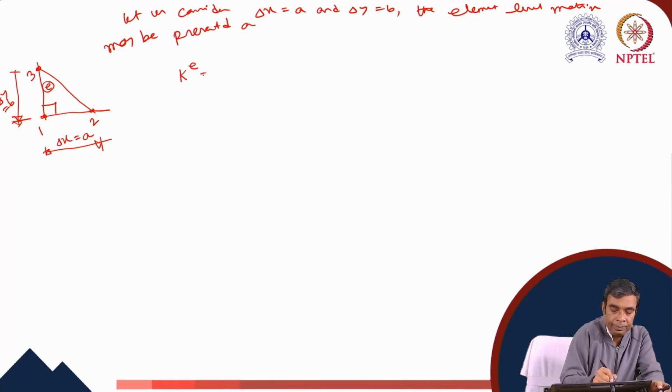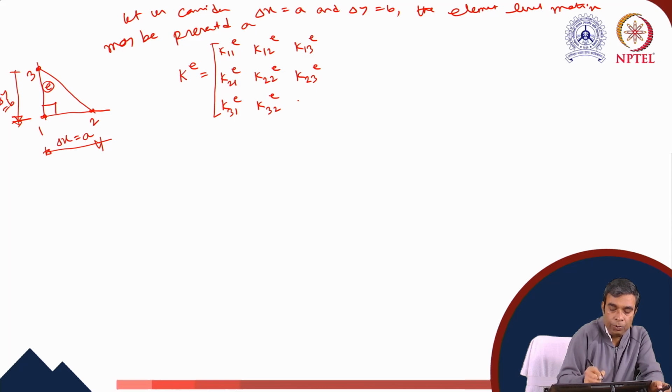Then ke equals k11e, k12e, k13e, k21e, k22e, k23e, k31e, k32e, k33e.